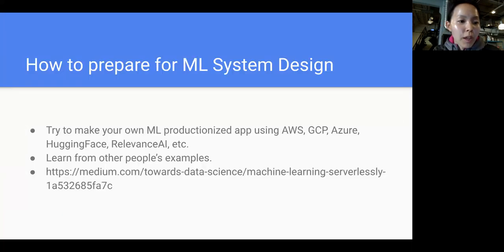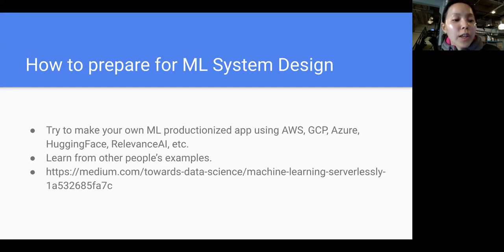Next would be how to prepare for ML system design. The best thing that I highly recommend is to try to make your own ML productionized app using AWS, GCP, Azure, Hugging Face, Relevance AI, and there are so many different options these days.